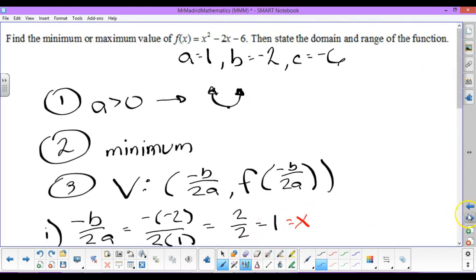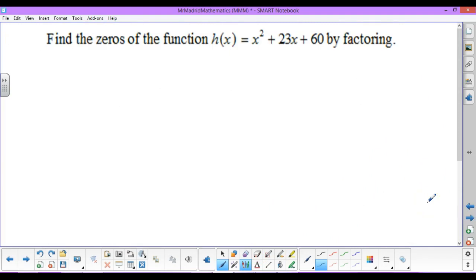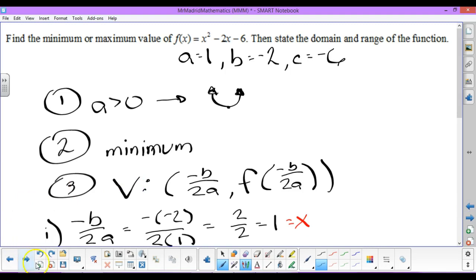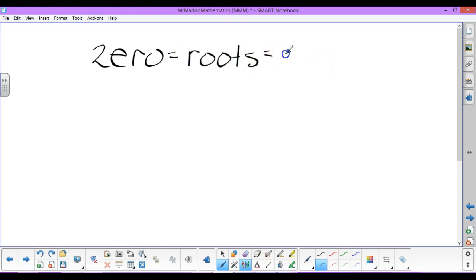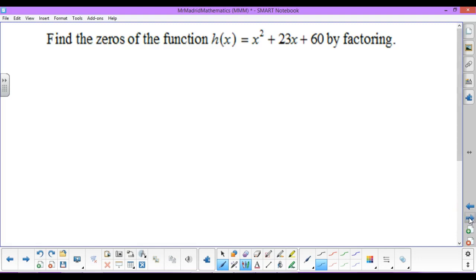Let's move on here. Alright, these next ones, let me give you a quick tip. Besides your routine vocabulary work, something you have to know is that whenever you hear the word zero, find the zeros, find the roots, find the solutions.